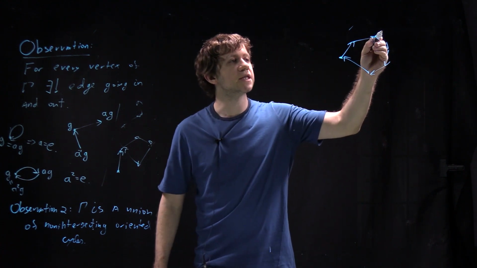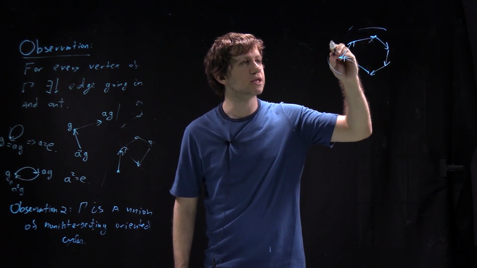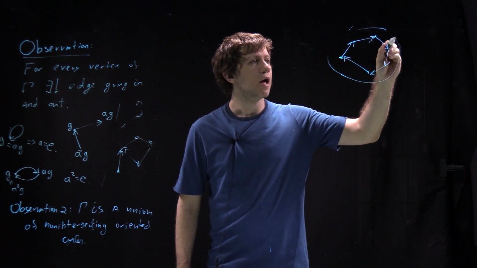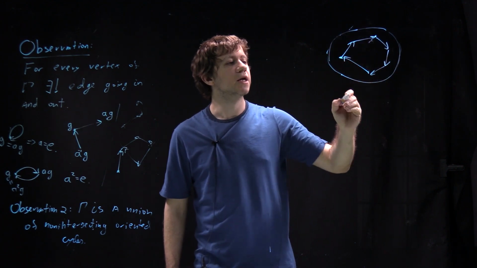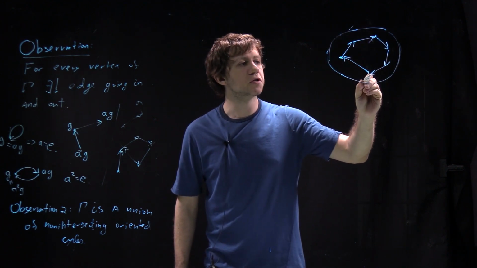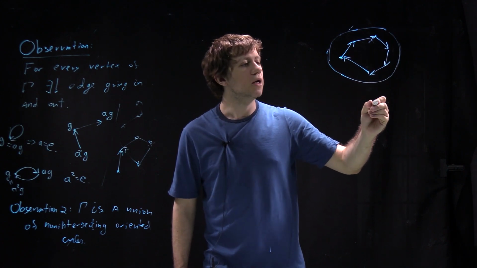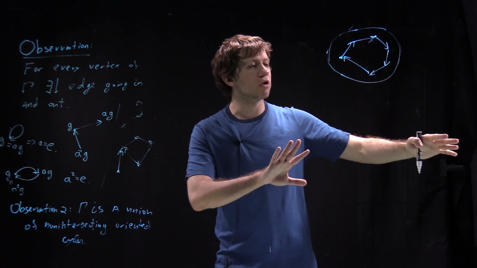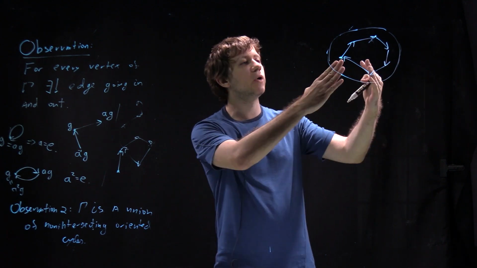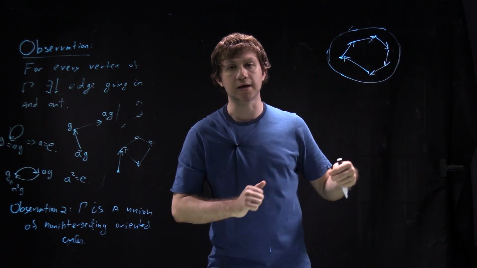And then you have a cycle, so this is exactly what is called a cycle. The cycle has the property that for every vertex there is exactly one edge going in and out. And so definitely the rest of the graph is not connected to it. There will be no edges going in or out from the cycle.